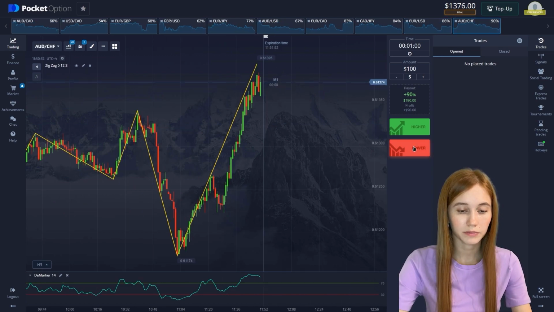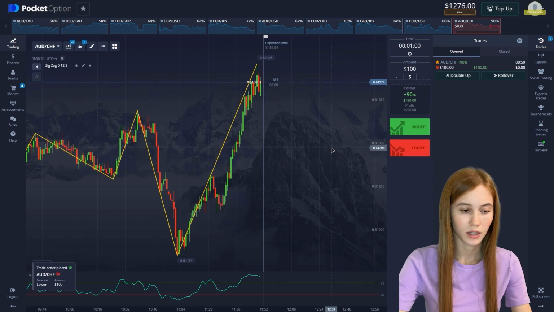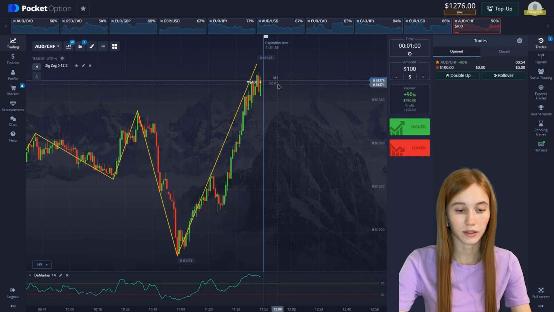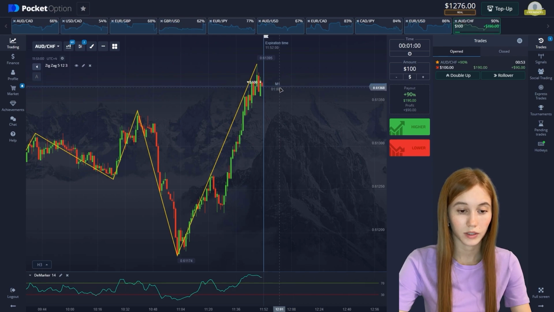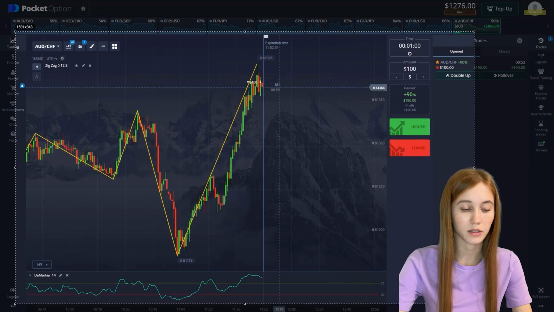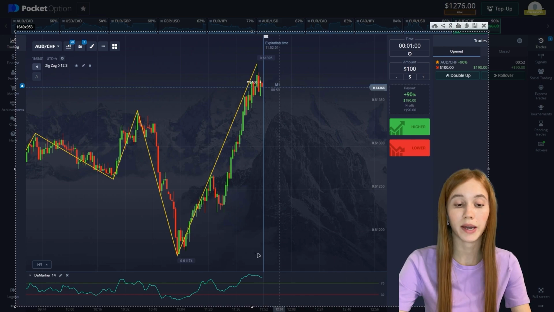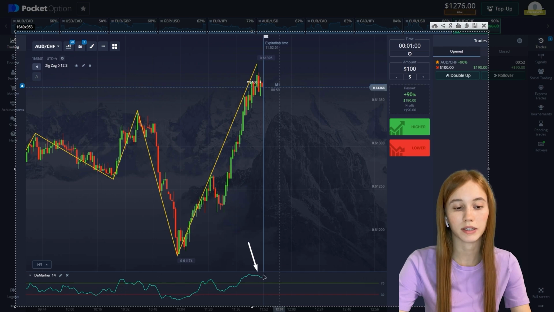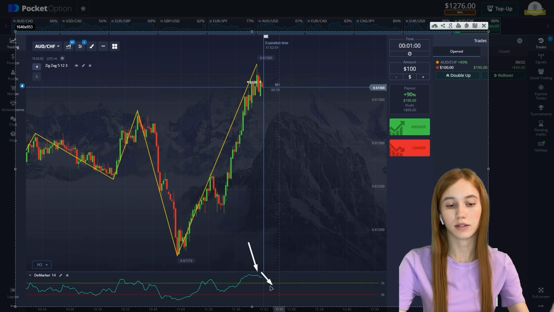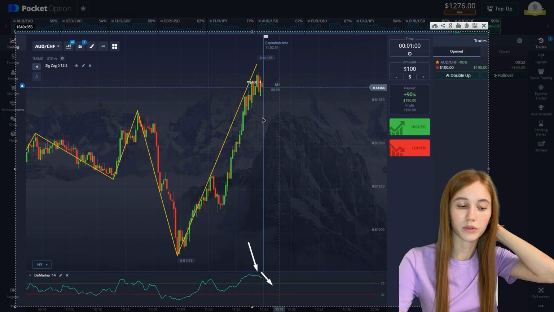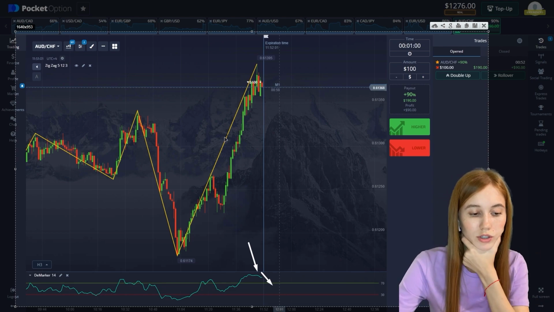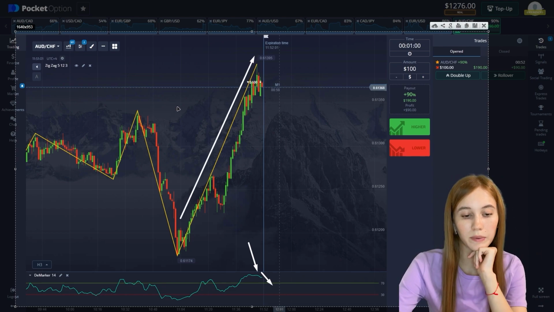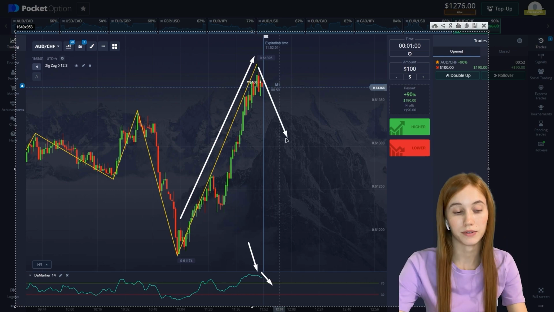Let's open down and wait for the next candle. Downward growth has begun. Based on the DeMarker, we see that it has been beyond the green zone for a long time. That means an early adjustment and entry into the green zone. We see from the overall picture that there is a good bullish trend that will soon be replaced by a bearish trend.